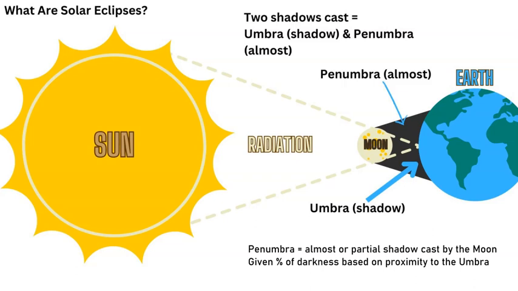So if you're lucky enough to experience the umbra, the darkest shadow cast, that is called the path of totality, and that's where you want to be to really experience the full solar eclipse. It's great if you're in a partial area to experience some of it, but the path of totality is where you really want to be.